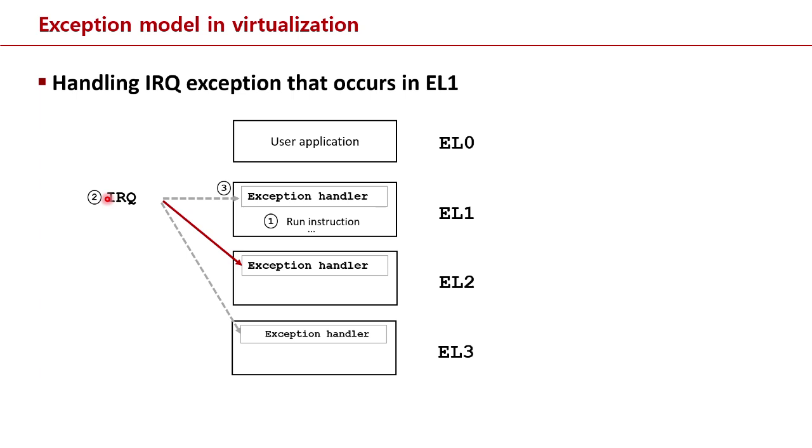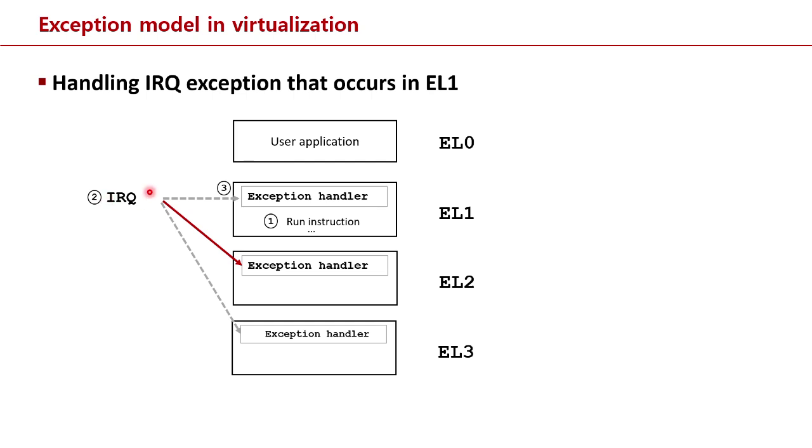The hardware that identifies that the interrupt is signaled from the peripheral device is the interrupt controller. In the ARM architecture, the generic interrupt controller will take that interrupt signal from the peripheral device and send a signal to the ARM processor saying that an interrupt is delivered from a peripheral device.